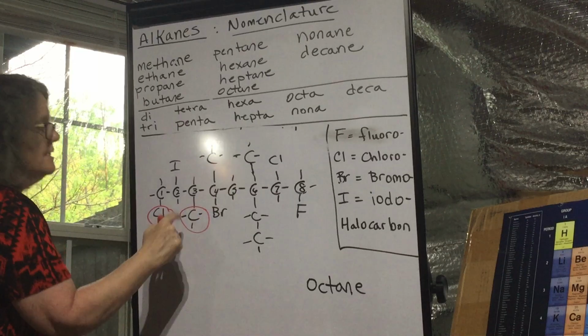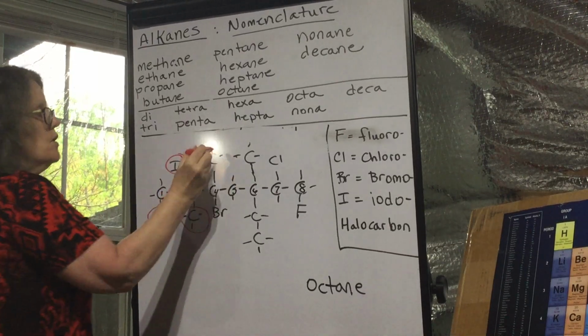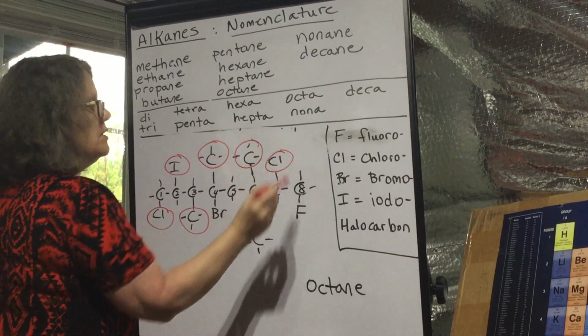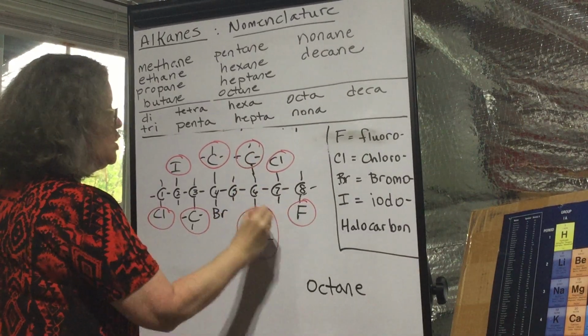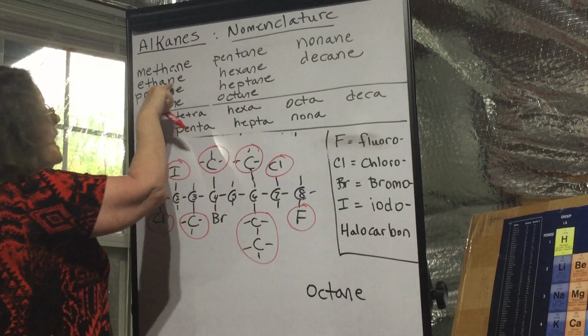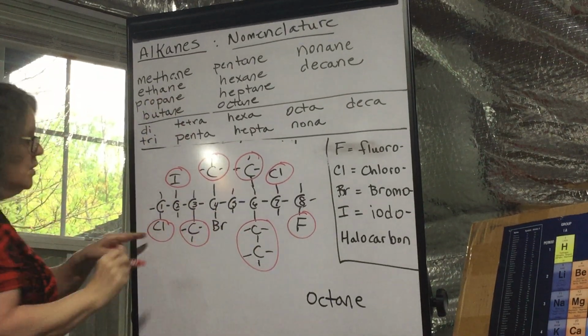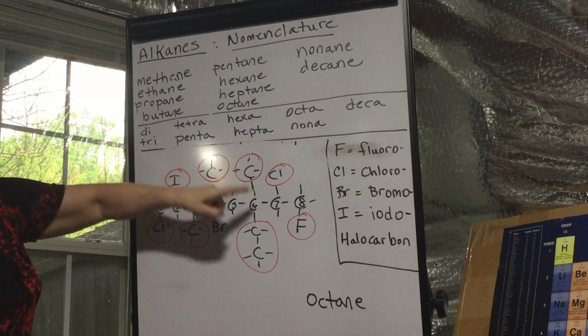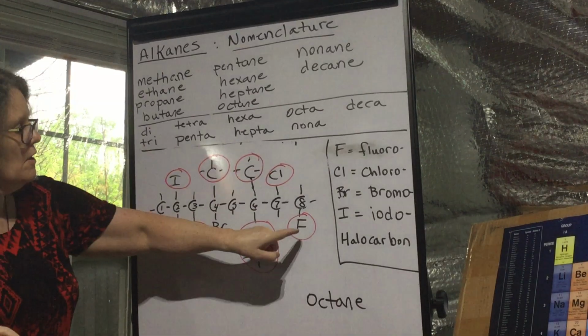Cl, this is a methyl, iodo, another methyl, here a methyl, Cl, F, and a 2-carbon chain, ethane, which would be ethyl. So chloro, methyl, iodo, methyl, methyl, chloro, ethyl, fluoro.